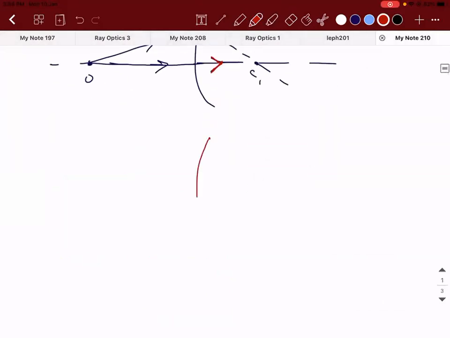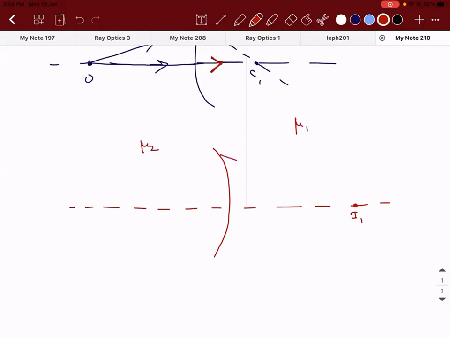So the second refracting surface is like this. If I take this to be I1, this is mu1 and this is mu2. The ray travels like this and it is going in this way, right?